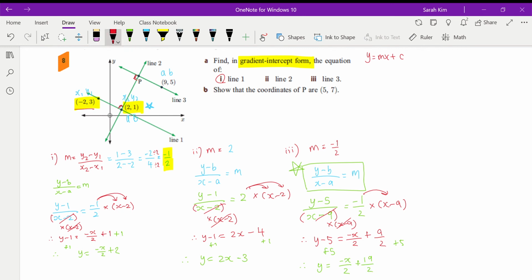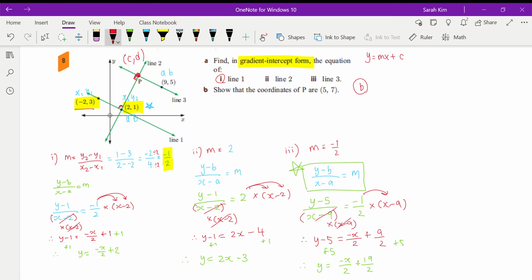Let's see if I can do B over here. Show that the coordinates of P are 5, 7. So P is over here, and what I have to do is make sure that it is 5, 7. At the moment I'm just going to not use those numbers and maybe use C and D to prove that it's 5, 7. Let's see what I do know.